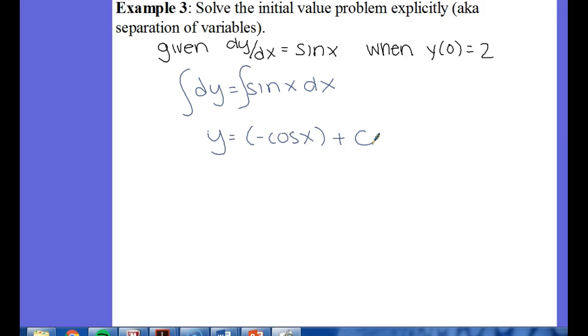Then apply that initial condition. So again, we did this with the fundamental theorem. It's like saying y of 0 equals negative cosine of 0 plus c, all equals 2.